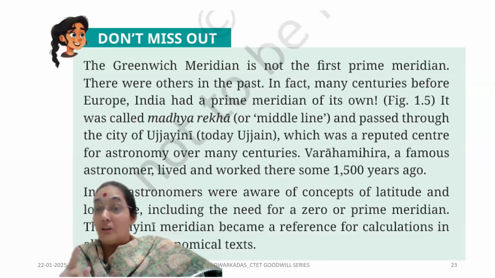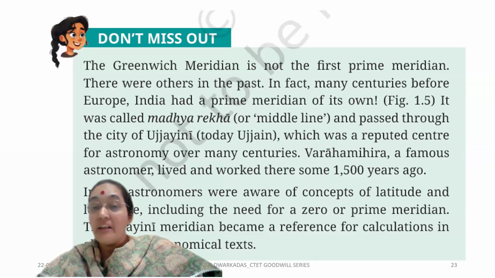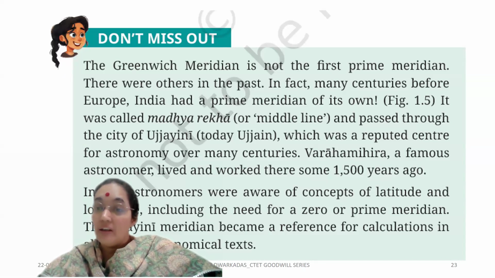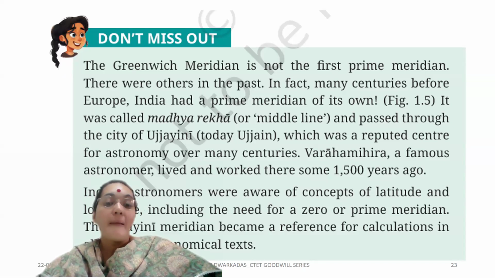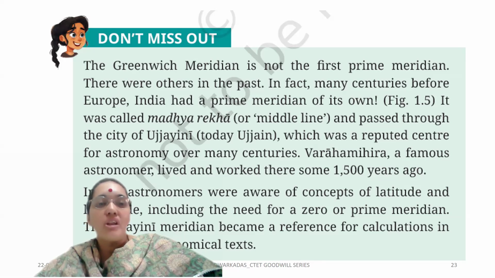So look at this now. The Greenwich meridian is not the first prime meridian. In the previous years, many, many centuries before Europe, India had a prime meridian of its own. And this prime meridian was called Madhya Rekha or the middle line. It passed through Ujjaini or Ujjain as we call today.